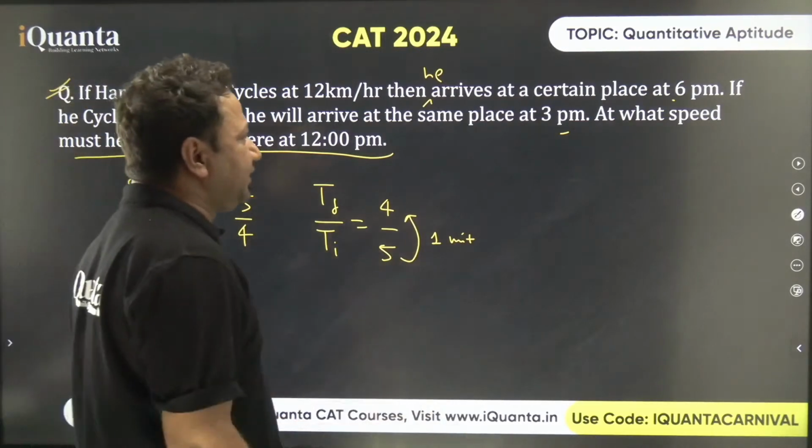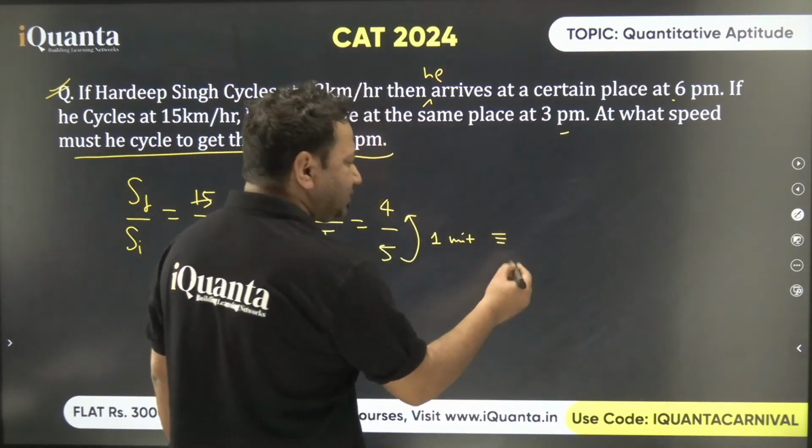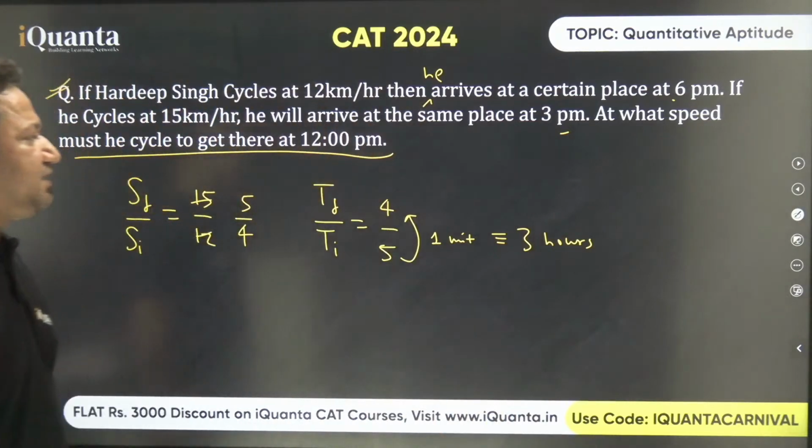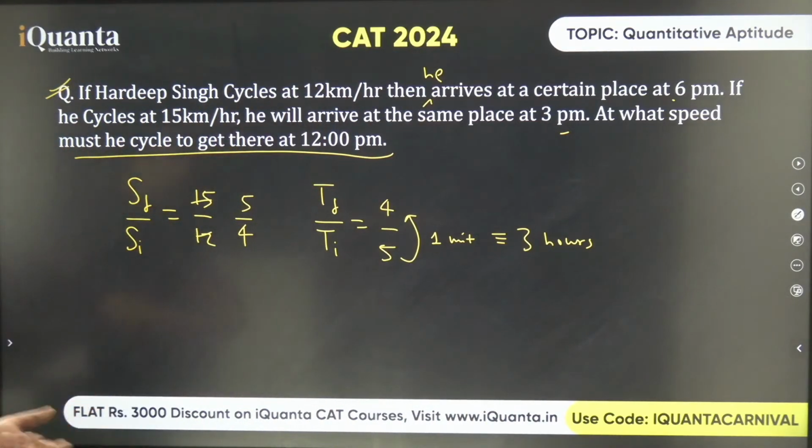Let us keep it hours only, okay? So let us not complicate things. Hours will be easy because that is how all the other units are. So 1 unit is equal to 3 hours. 6 बजे से 3 बजे पहुंच गया वो.